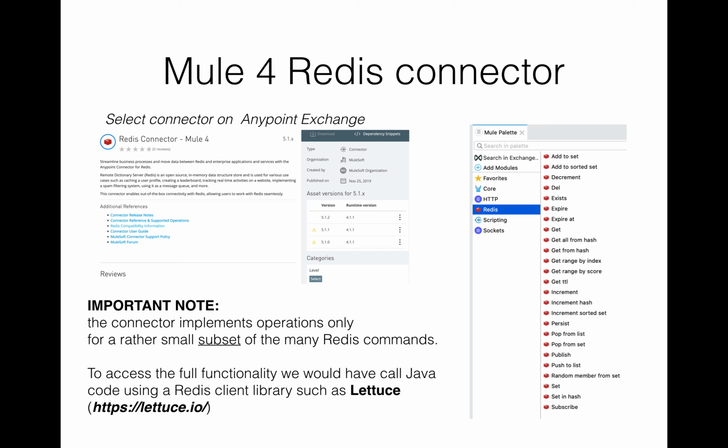You can set the expiration of the key, after which you get the automated purge, and then if you're more or less in the middle, you can get range by index and get range by score, and we'll use get range by score. So we're going to insert entries into this sorted set. Our Mule application will insert these entries, and then we're going to check against this sorted set, as I will describe.